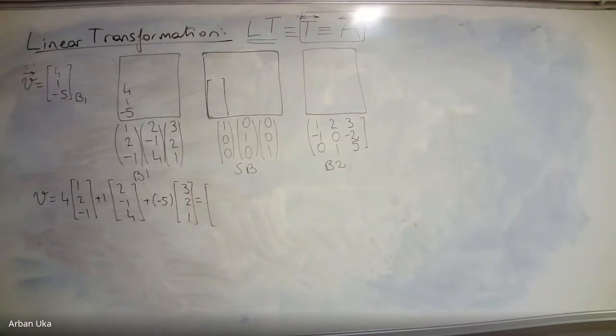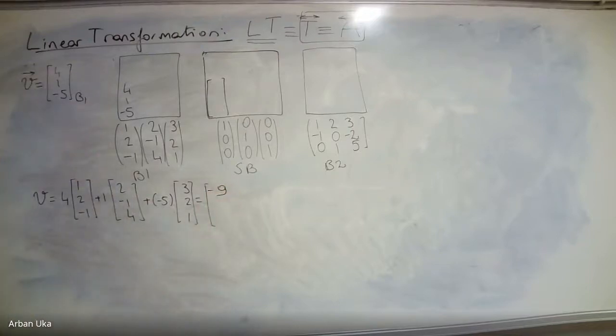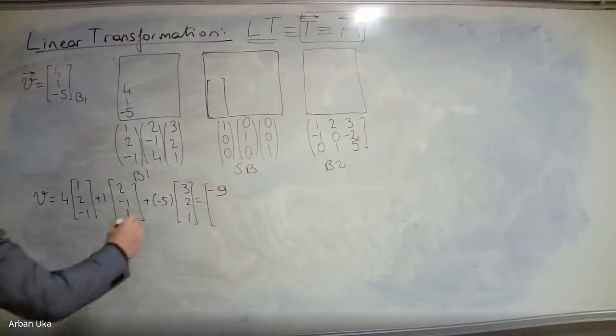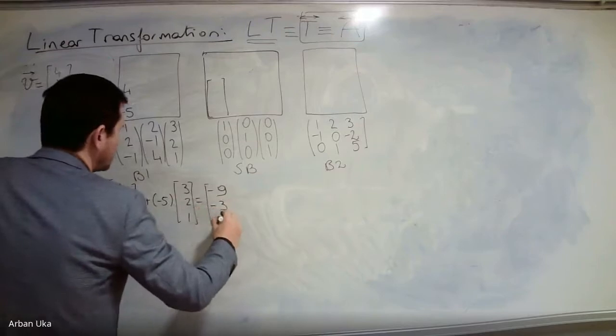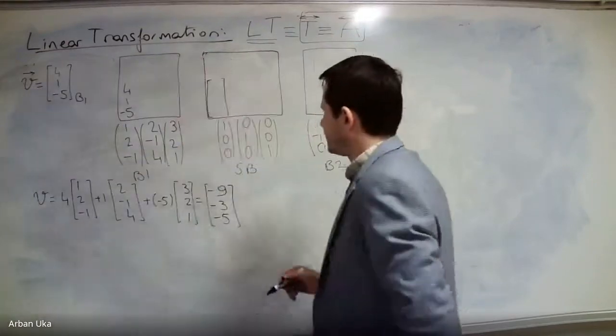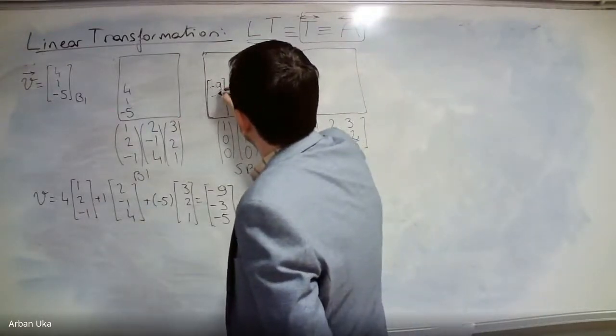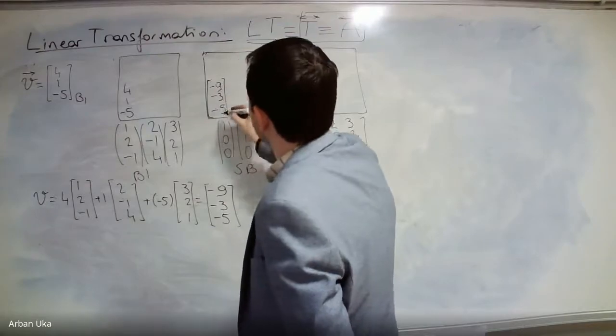4, 12, minus 3, well, this is 4 plus 2, 6, minus 15, minus 9. You will get minus 9, minus 3, minus 5. So we get here minus 9, minus 3, minus 5.